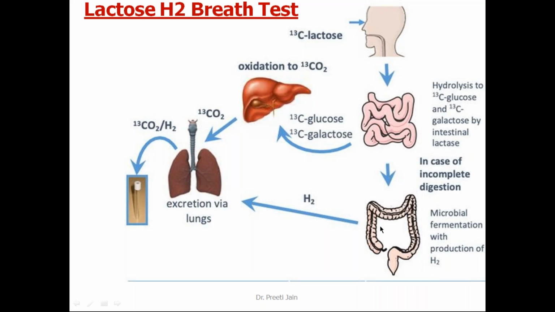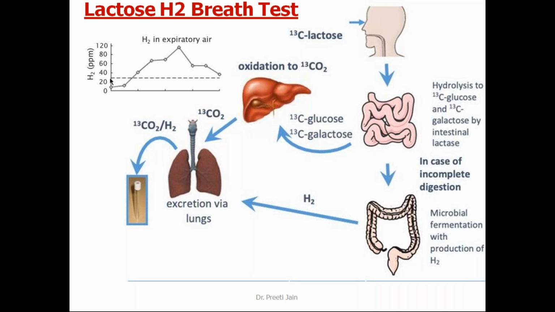Now this is going to be picked up by the blood, and via the portal circulation it will go to the systemic circulation and reach the lungs, from where it will be excreted. And this is going to be picked up in your breath test, and there are values.